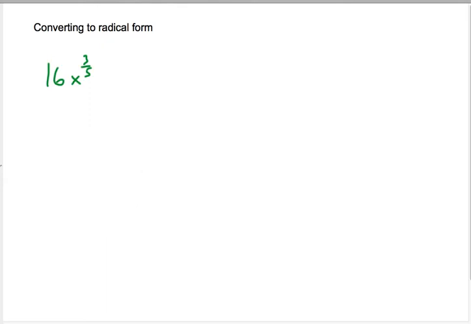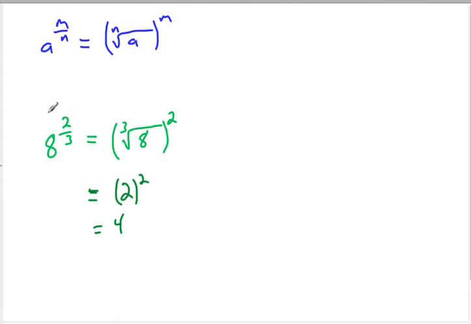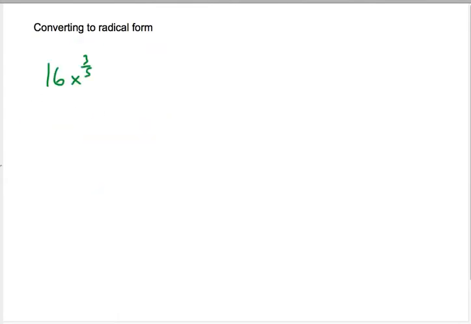Okay. Next one, converting to radical form. Radical form is, again, when we have this symbol, the radical symbol. Notice the 3/5 only sees the x here. It does not affect the 16 at all. So the 16 is going to end up outside the radical.